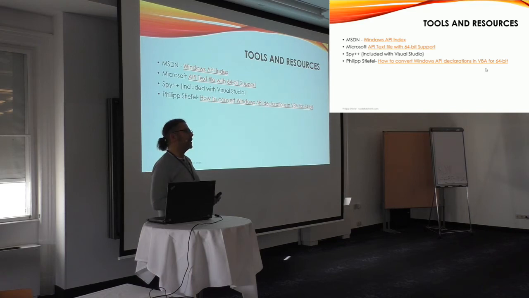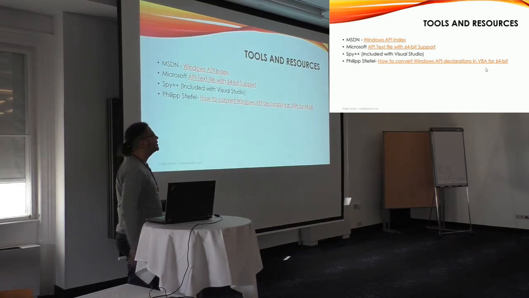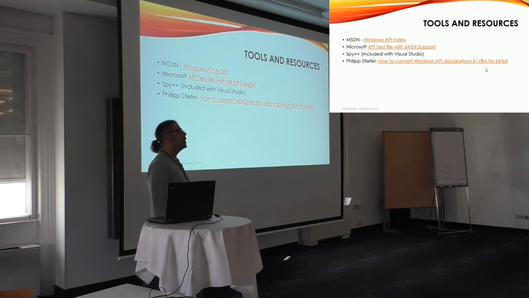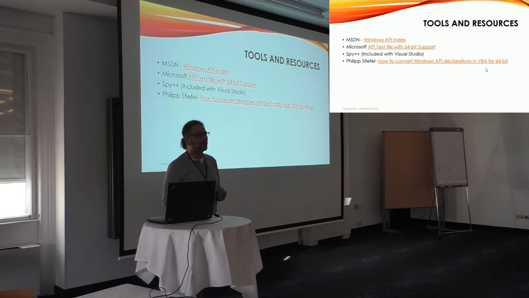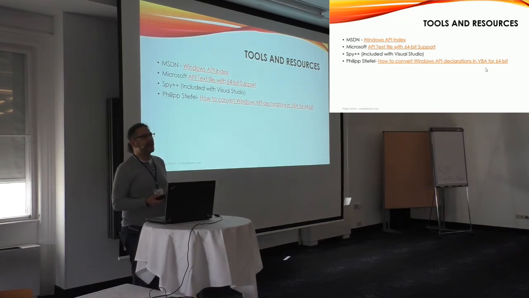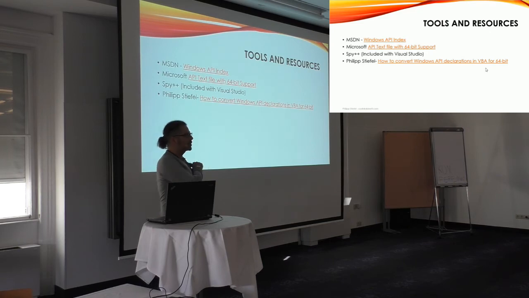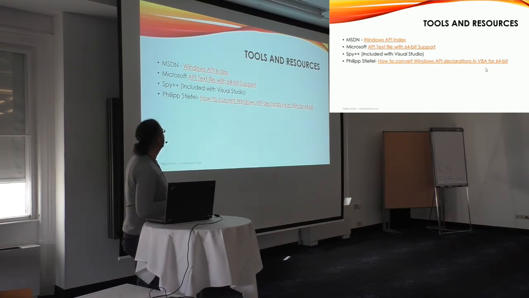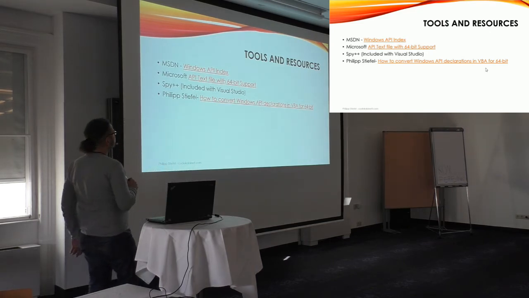Even if you haven't got the API viewer, you can use any text editor and search inside that file for the declaration, then copy and paste it into your project. That has the convenience that the complicated types are declared correctly, and you do not need to find out what type exactly each member should be. Just copy and paste it in there, and then you're usually good.